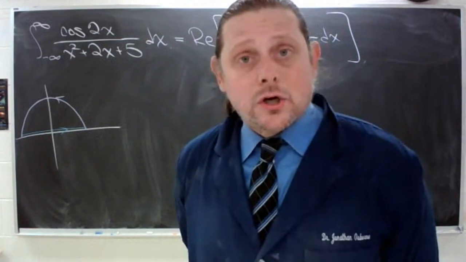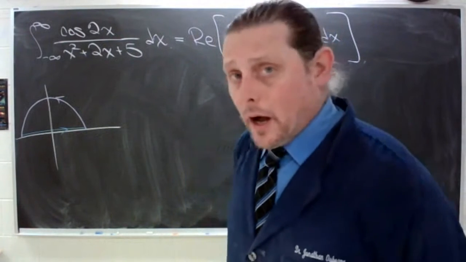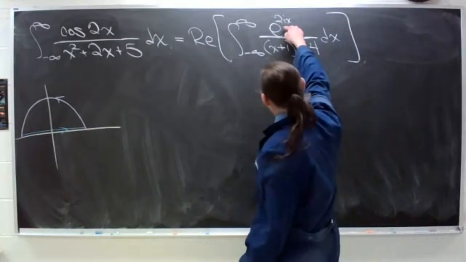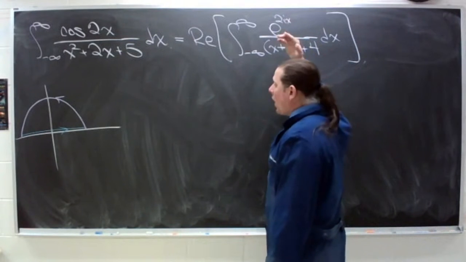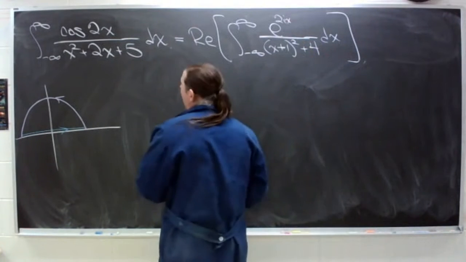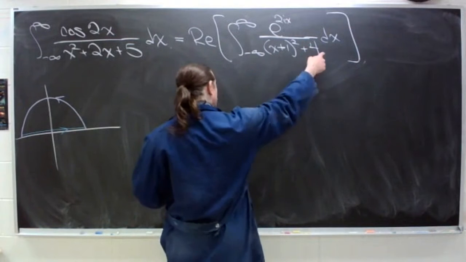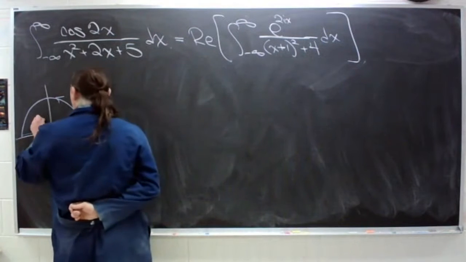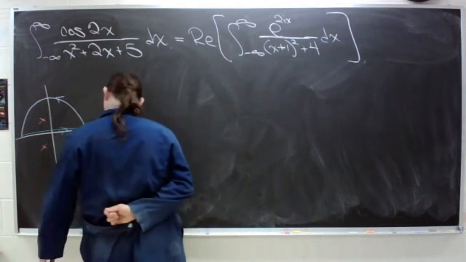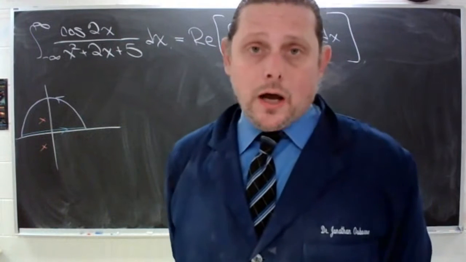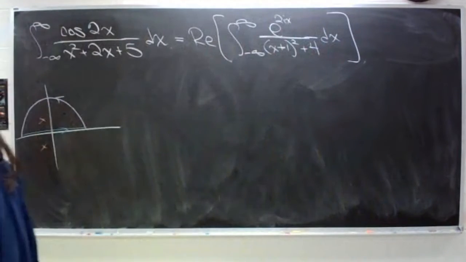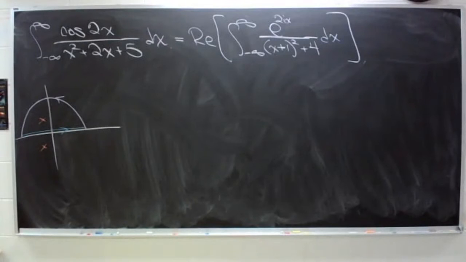Here, we had to close the contour above because it was e to the positive 2ix. We've got problems at negative 1 plus or minus 2i. Jordan's lemma assures us that the arc at infinity will not contribute in the limit.